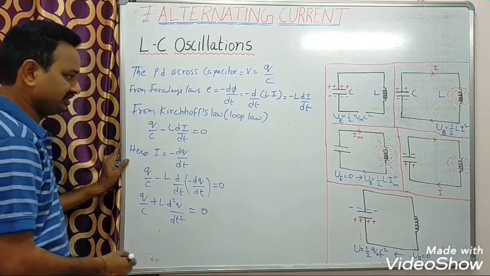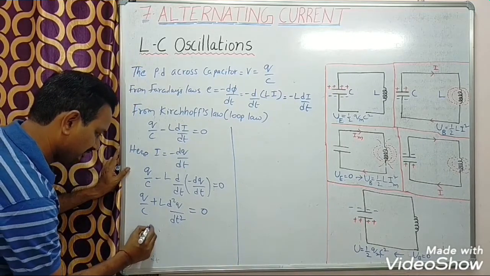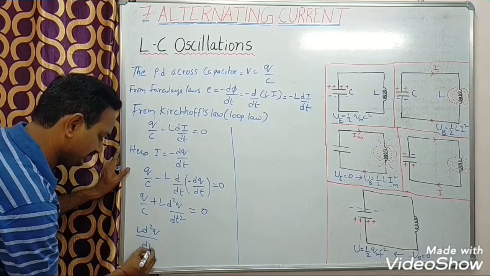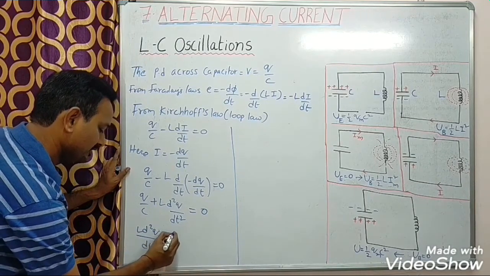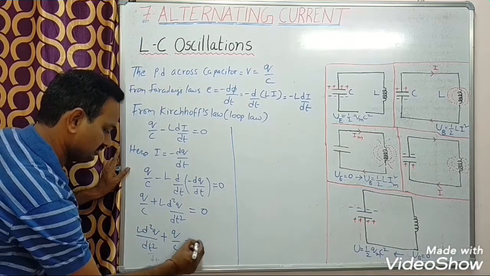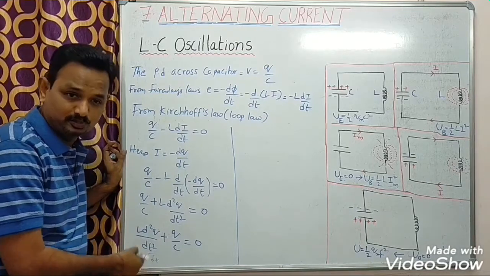I will write this equation as L into d square Q by dt square plus Q by C is equal to 0. Now I will divide by L on both sides.